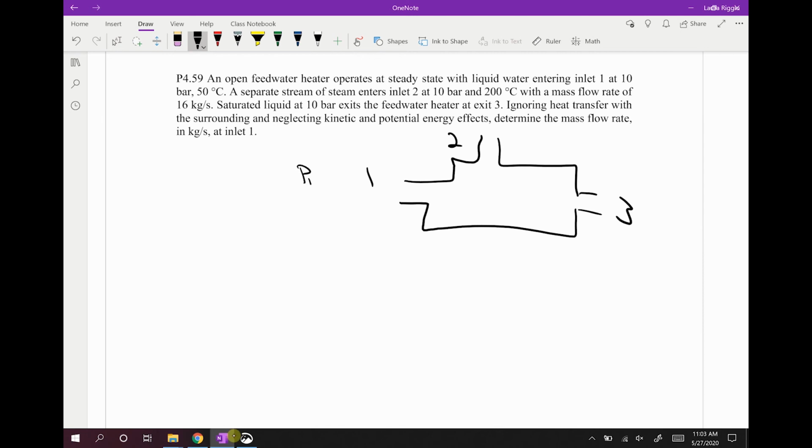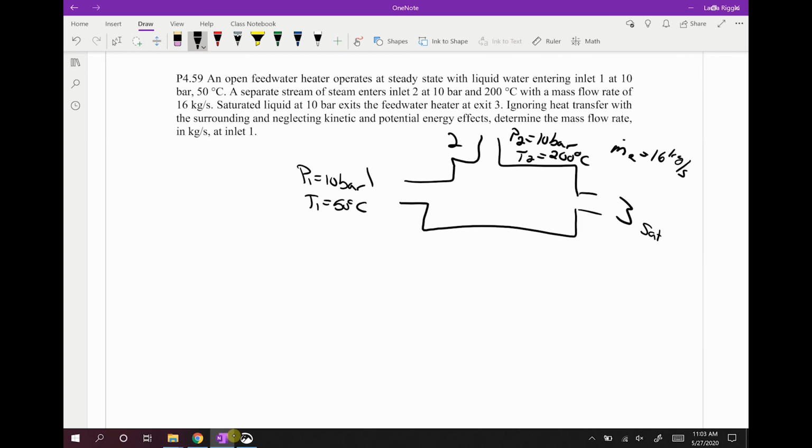So what we have is P1 is equal to 10 bar, T1 is equal to 50 degrees Celsius, P2 is equal to 10 bar, T2 is equal to 200 degrees Celsius, the mass flow rate is equal to 16.